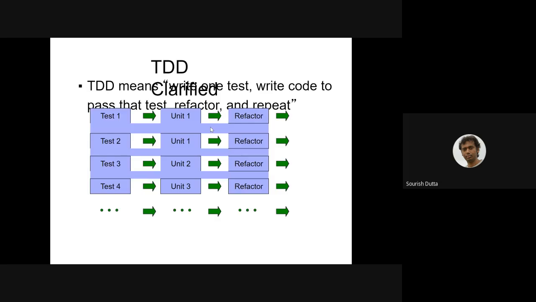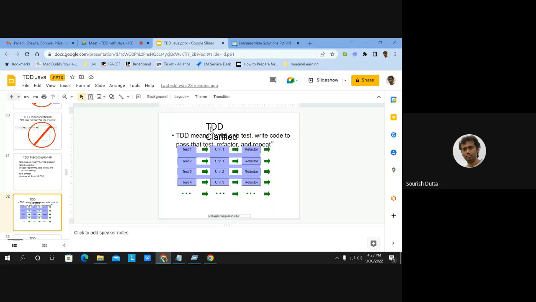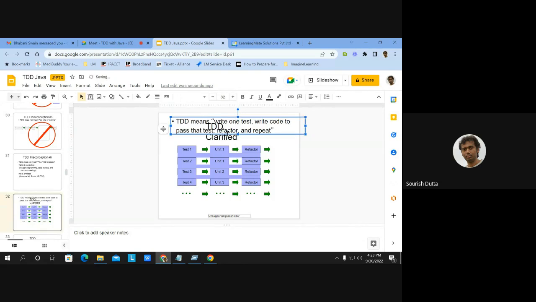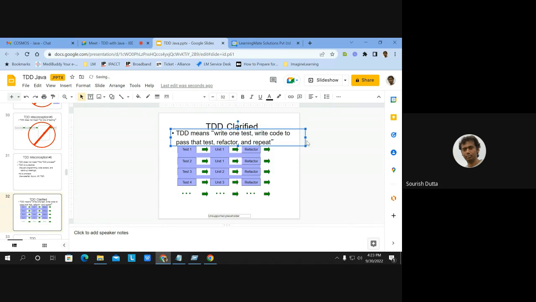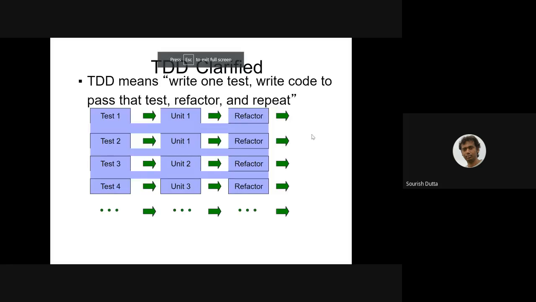Okay. So TDD means just what I told you: write one test, write the code to pass it, refactor it, and then you just repeat the process.